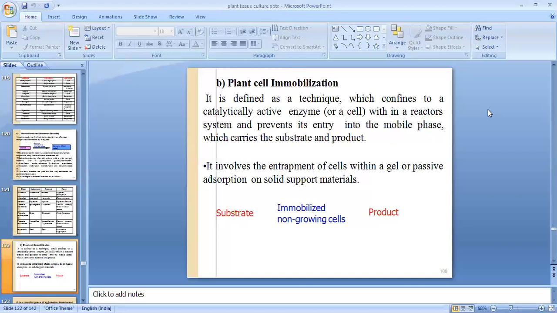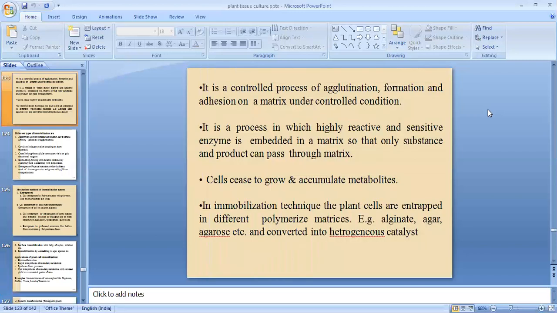So when you take production in plant tissue culture, how is it happening? The substrate and the product are present in the liquid medium, which are freely moving, and the immobilized non-growing cells or the enzymes are present in the solid matrix within the medium. It is a controlled process of agglutination or formation and adhesion on a matrix under controlled conditions.